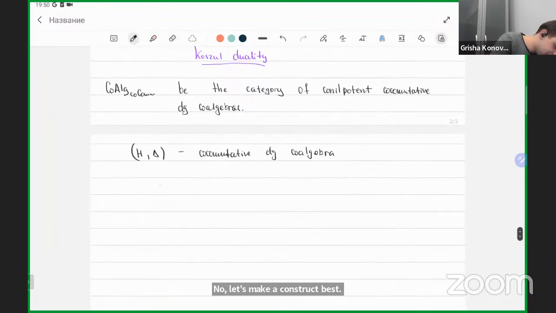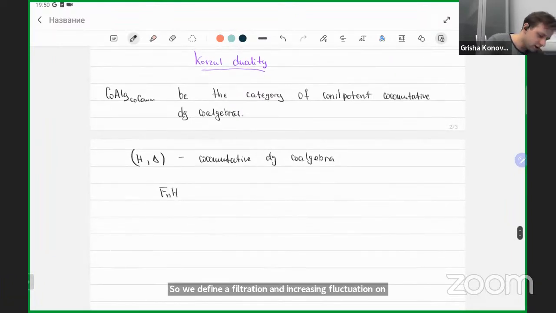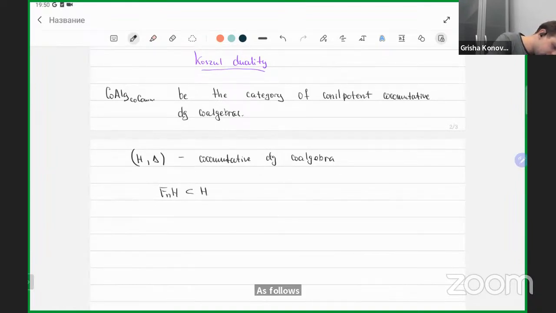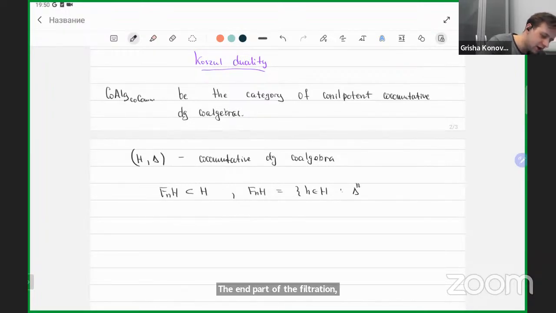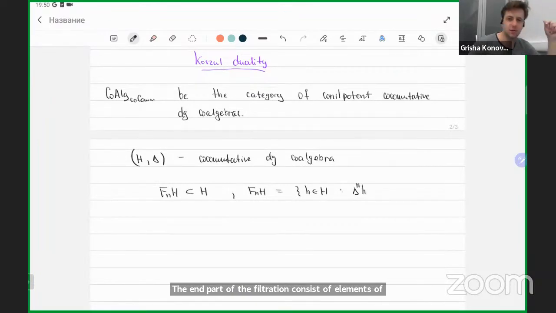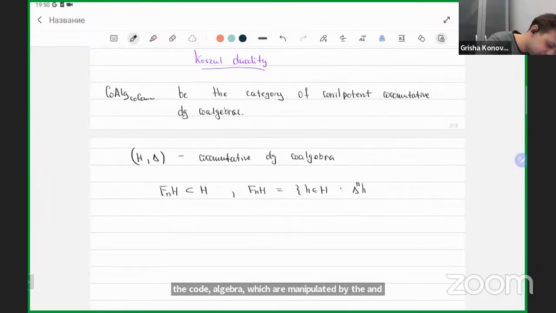We define an increasing filtration on H as follows. The nth part of the filtration consists of elements of the coalgebra which are annihilated by the nth power of the cobracket.